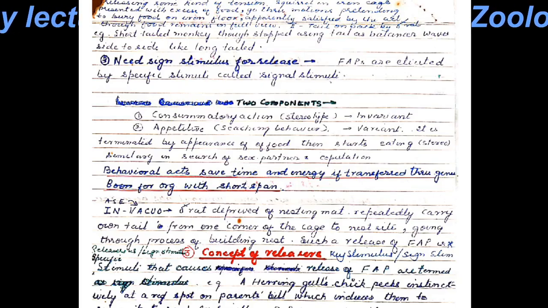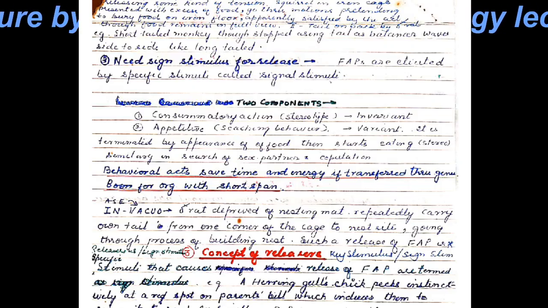But though there are some advantages associated with FAPs, there are also some disadvantages. One is exploitation. FAPs are very predictable and invariable, and therefore can lead to exploitation of these behavior patterns. One such case is code breaking.